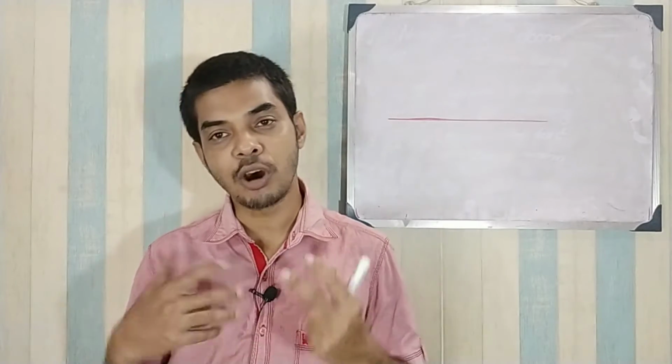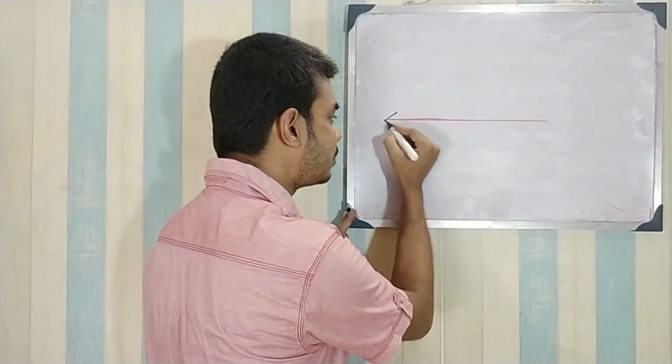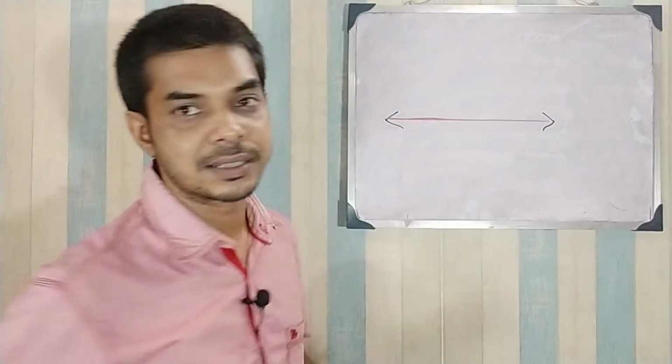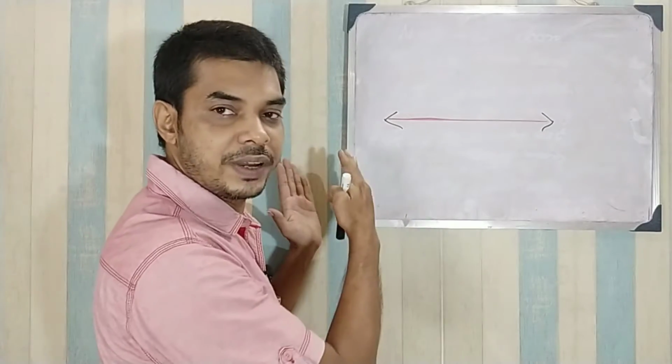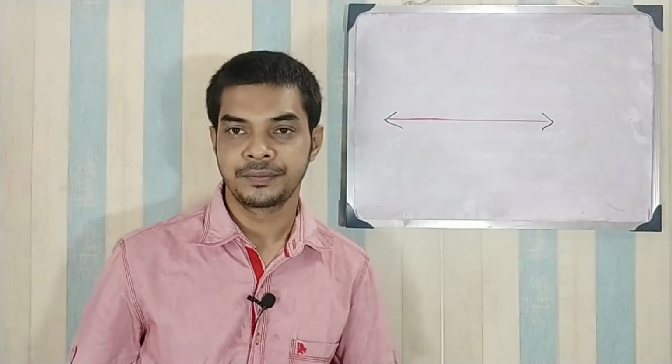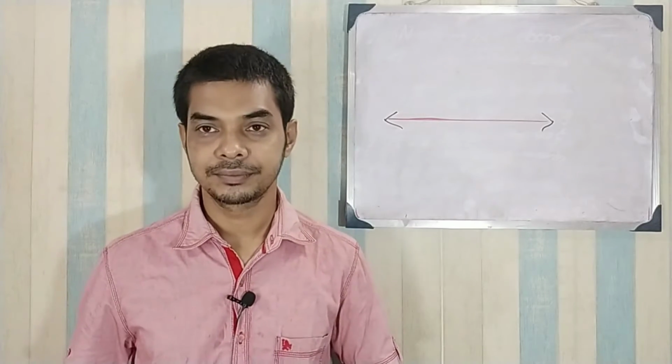So what will be the geometric representation of time? The geometric representation of time will be like a ray, like this. It's a straight line which has something after it, something before it. So this is how we represent time.